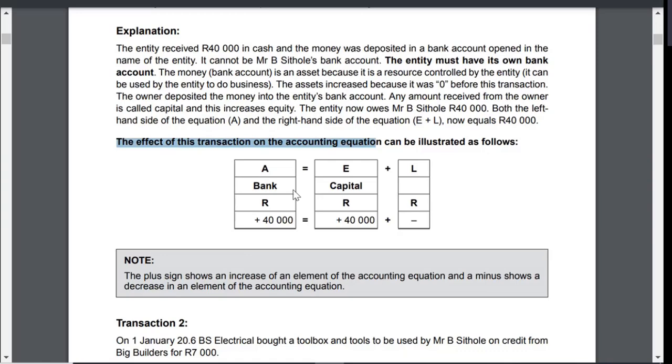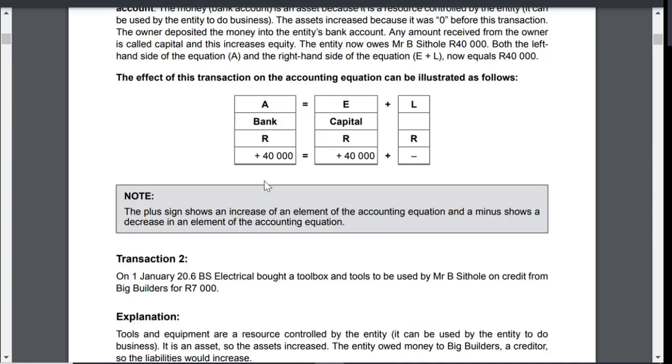The accounting equation says, because bank is an asset, when an asset increases, you debit. Capital is equity. When equity increases, you credit. So we're putting a plus 40,000 because bank is an asset.